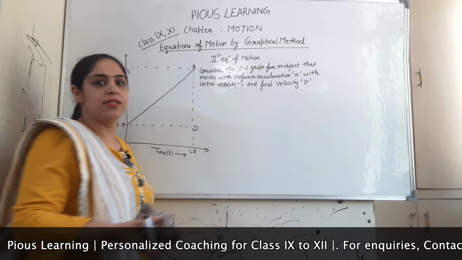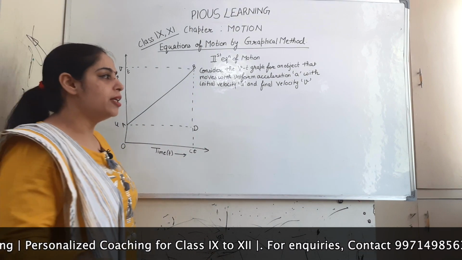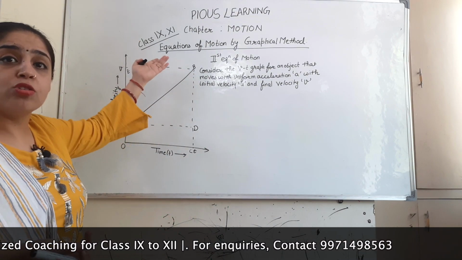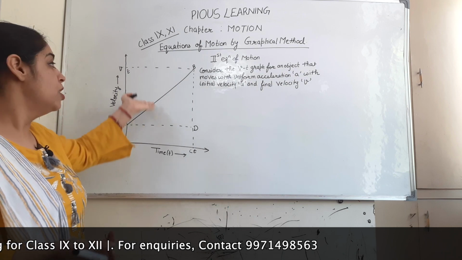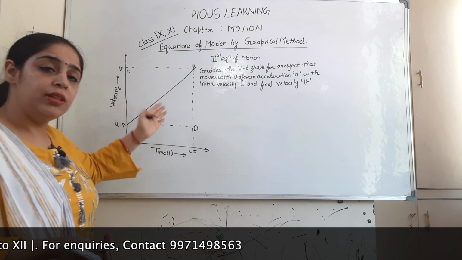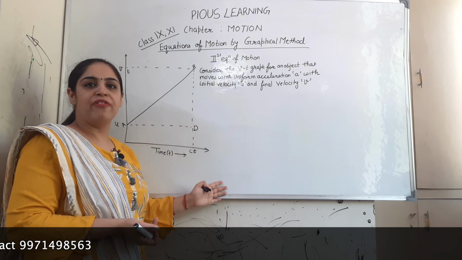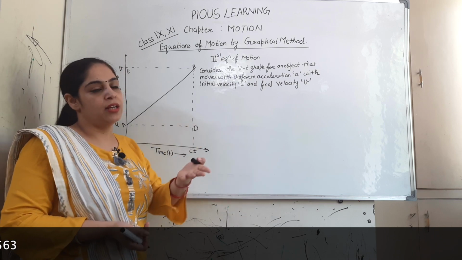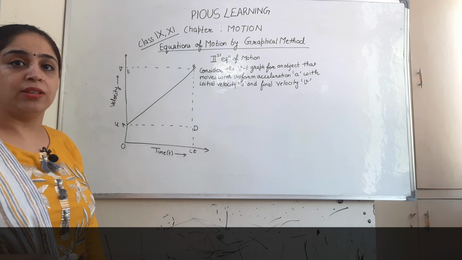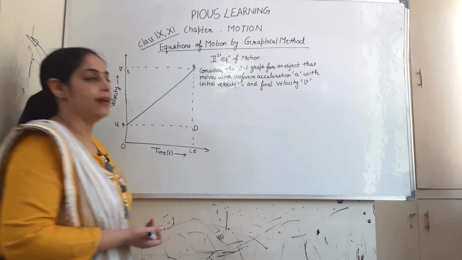So these equations are very important for you to learn in class 9, and for 11th also you have 2 ways of deriving it. The first one is a graphical method, the other method you will follow is a calculus method. So you can do the graphical method over here and in the coming videos we'll also post a method to derive these equations using the calculus method.